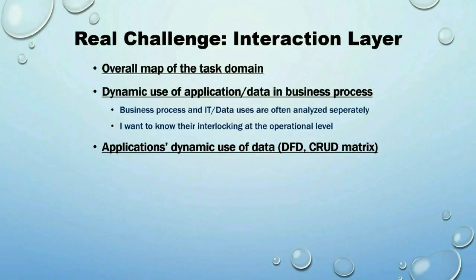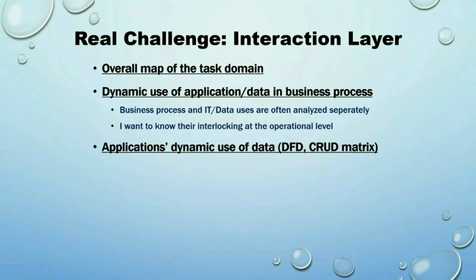Now, let's get to another layer of dynamic use of data. You have probably done a lot of diagrams such as data flow diagrams or CRUD matrix, which links together application and data store items like entities or columns or even rows.